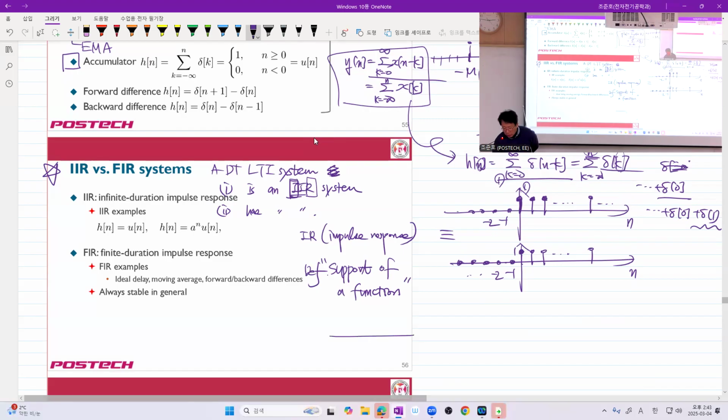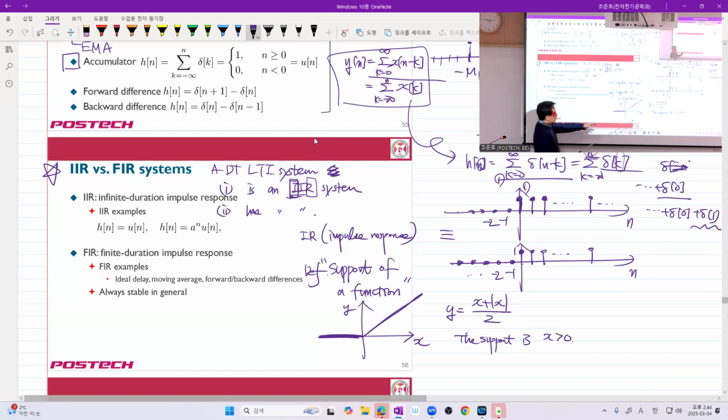Okay? So let's see our very special function like this. y equals x plus the absolute value of x, right? Now, what is the support of this function? The support is x positive, because on this interval the function is non-zero.